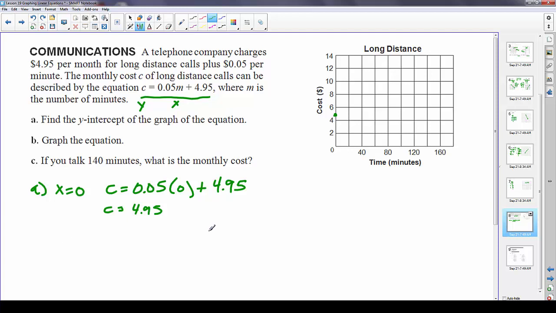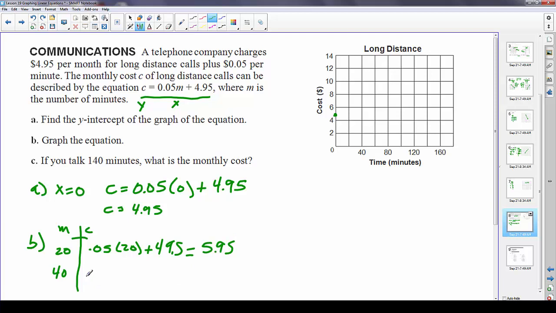So if I have part B, making a table, I'll plug in an m and get out a c. And let's go 20 and 40. Plugging in a 20, I get 0.05 times 20 plus 4.95. And that's going to get me about 5.95.